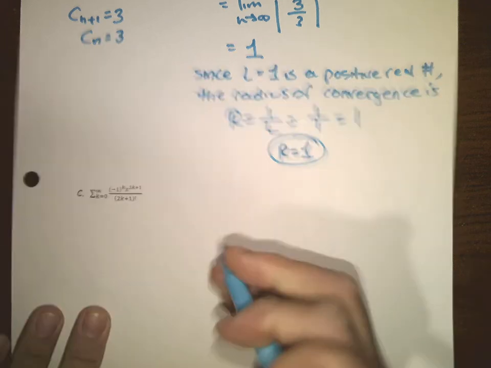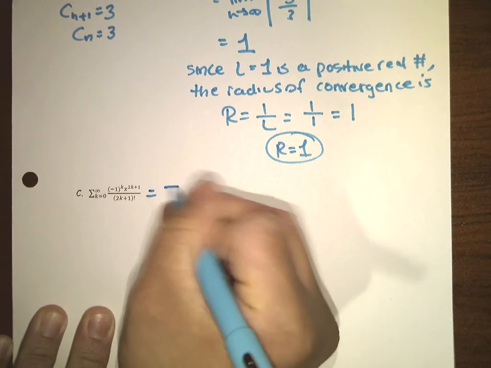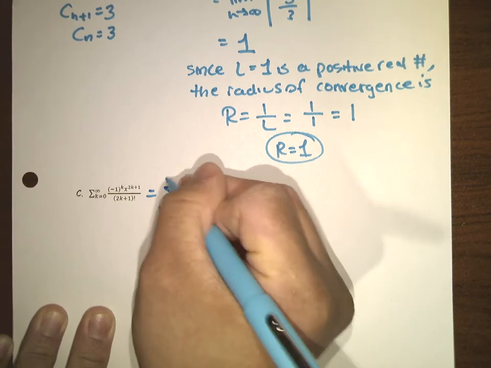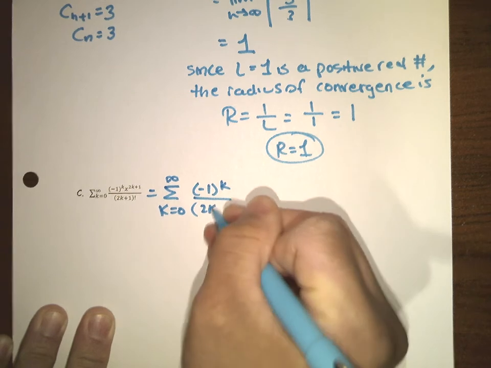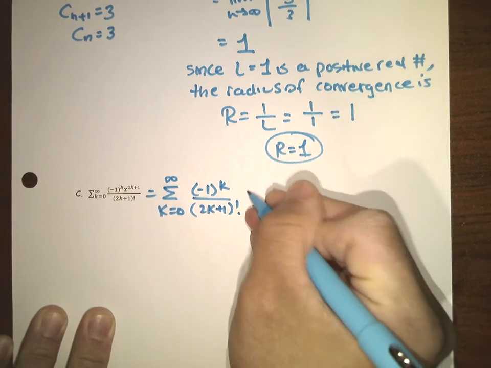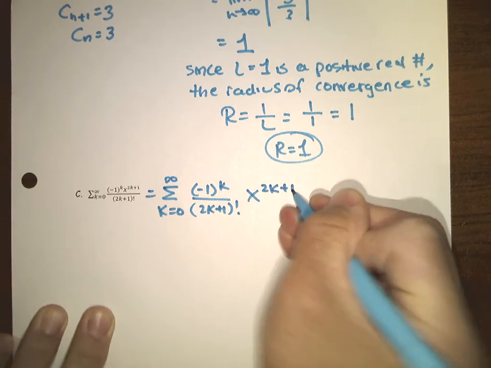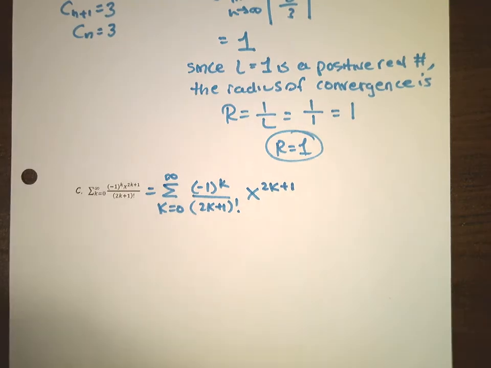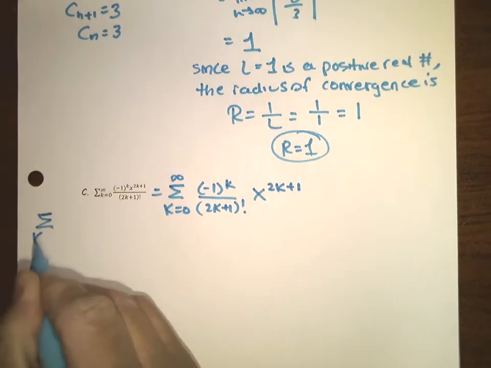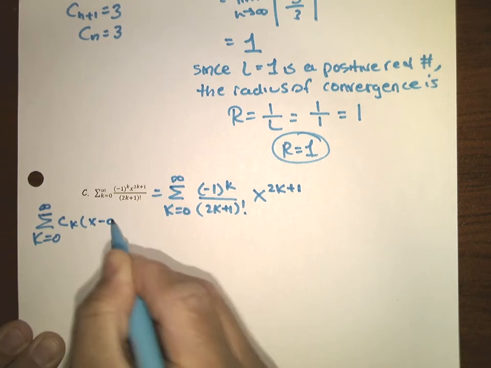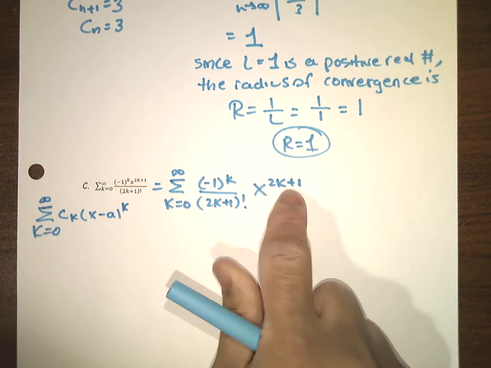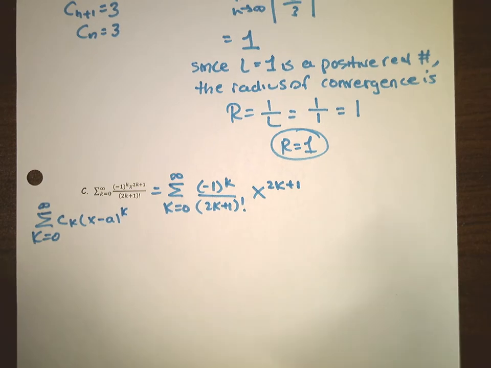So just so that we're very clear on this, I'm going to rewrite this as the sum from 0 to infinity of negative 1 to the k over 2k plus 1 factorial, and then x to the 2k plus 1. But remember, I just want the series to be of the form ck times x minus a to the k power. But right now, this is x to the 2k plus 1 power. So how am I going to rewrite this?